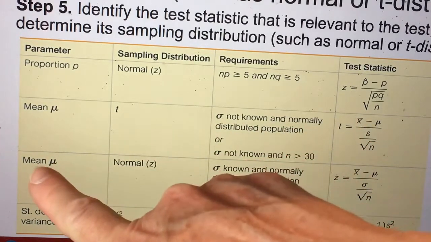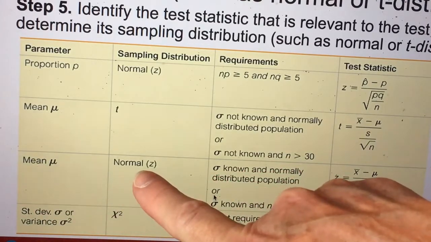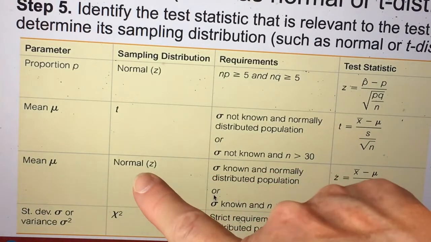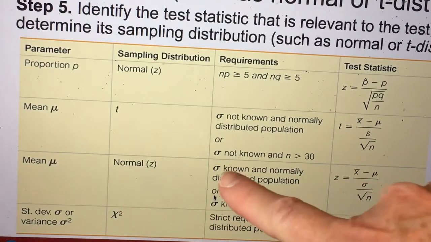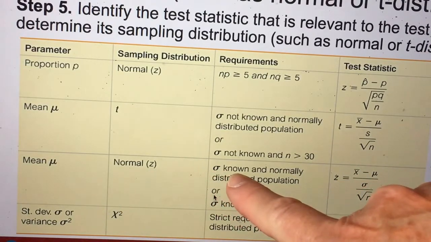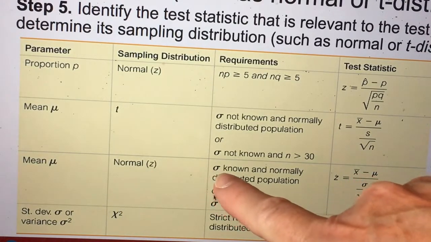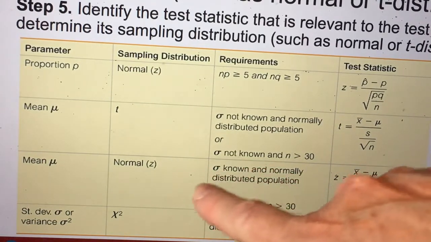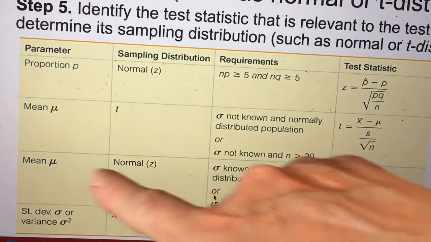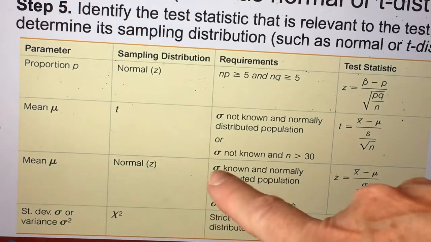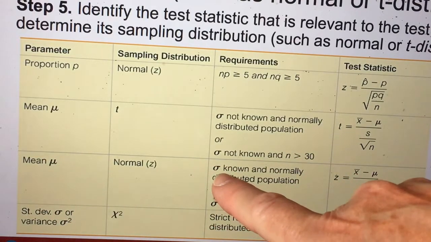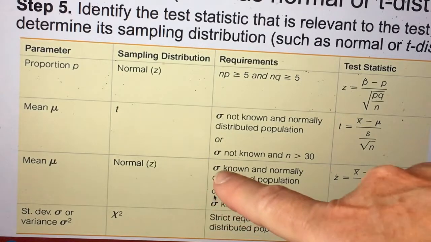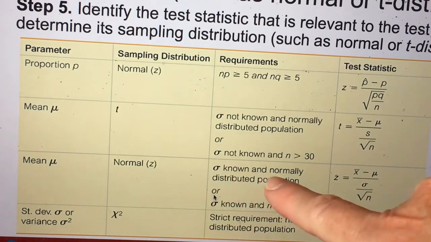When we're looking for the mean, we can use the normal z-score table, the standard normal table, if our sigma is known, the standard deviation of the population. Remember, it is much more rare that we would not know the mean but we would know the standard deviation. That's just weird, but occasionally they will give us that situation.